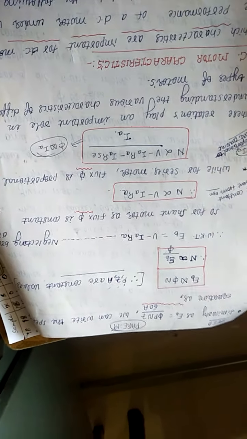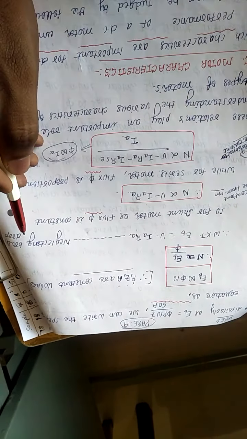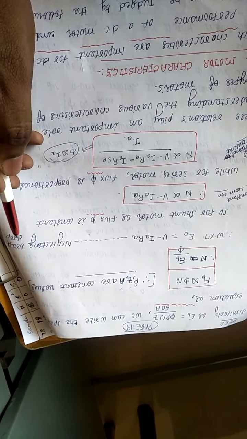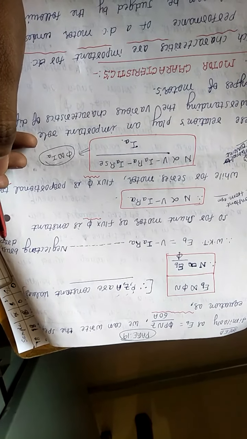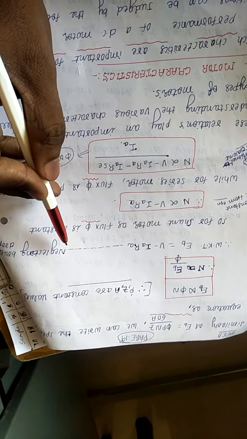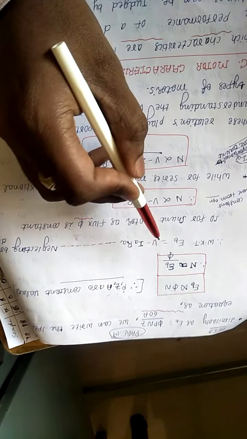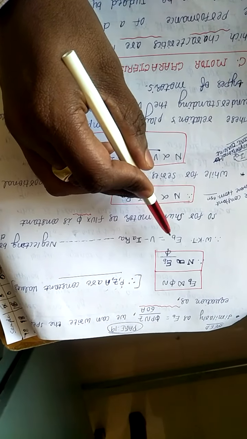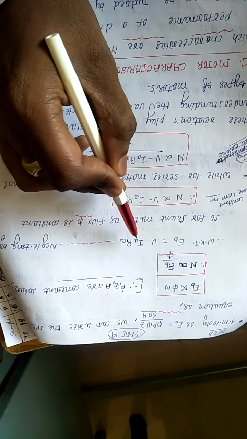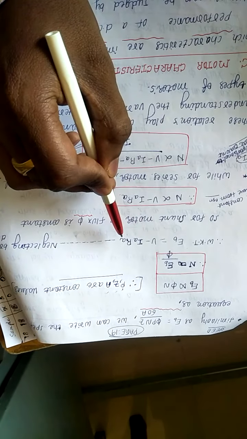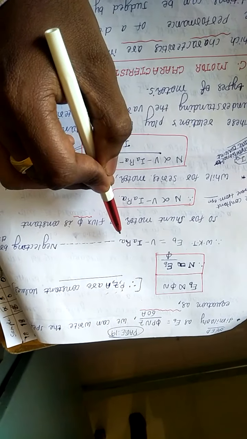Here you ignore the brush drop, as you know that the brush drop is very small, in the terms of 1 volt or 2 volts. So the generated EMF in the DC motor is given by the expression Eb is equal to V minus Ia Ra. This one I already derived; I have taken it directly here.